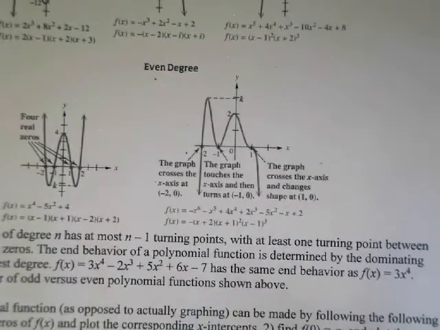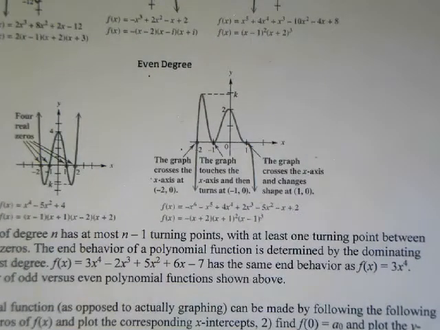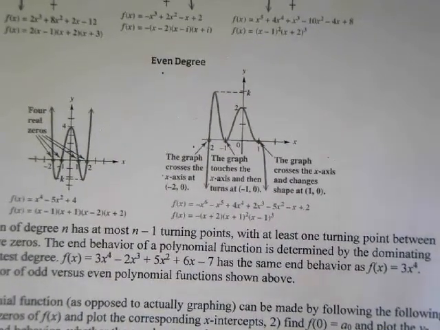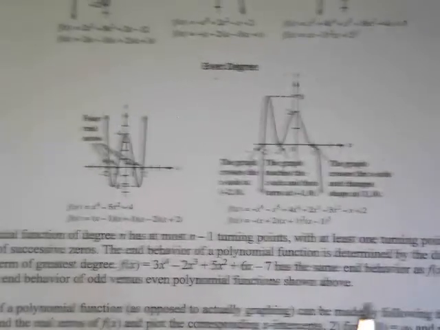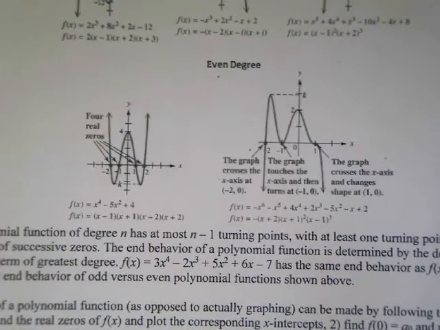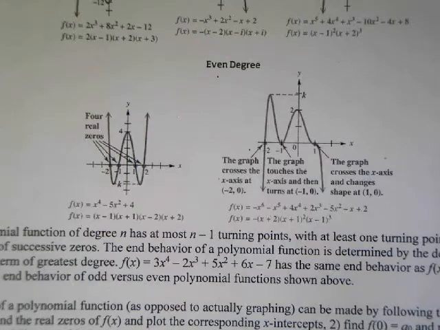And so it has to be the same, even though this obviously would complicate things to have all those extra terms. Anyway, a sketch of a polynomial function, as opposed to actually graphing it, can be made by following these steps. First, find the zeros of f of x and plot the corresponding x-intercepts.